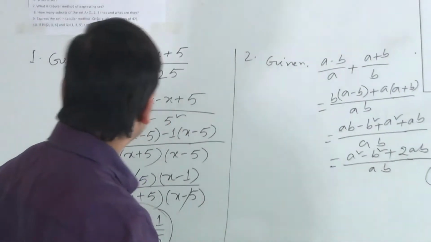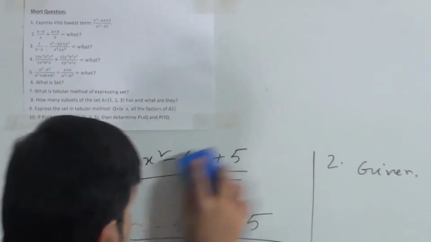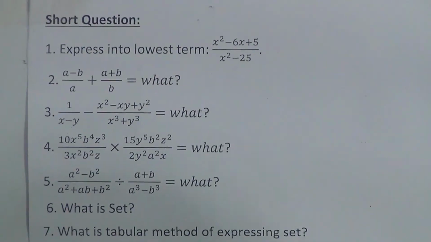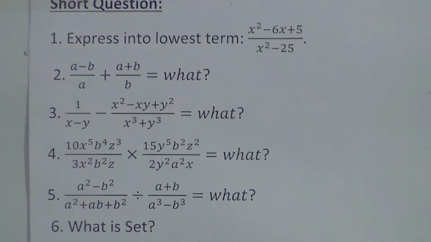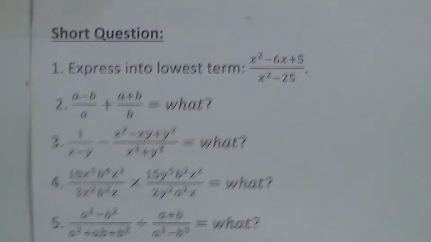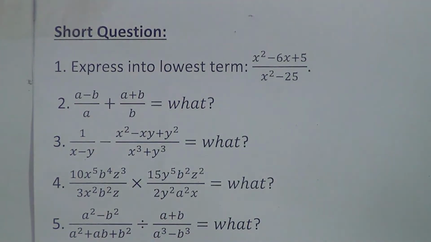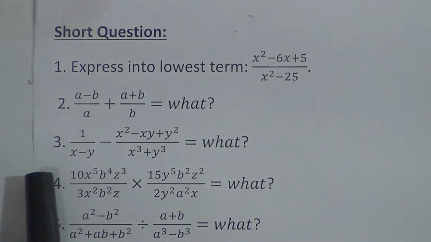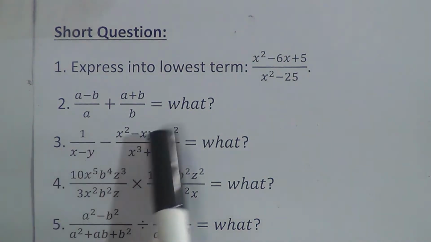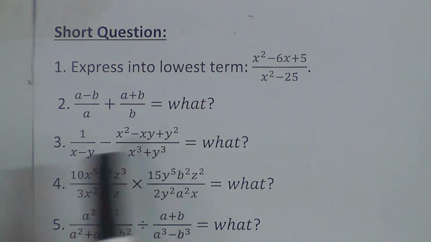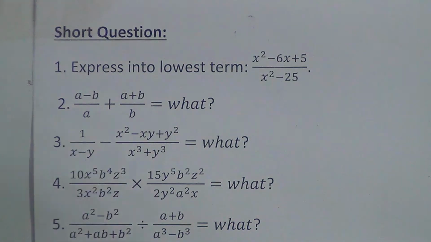I will show the solution of question 3. What is question 3? Question 3 is 1 by x minus y minus x square minus xy plus y square divided by x cube plus y cube.